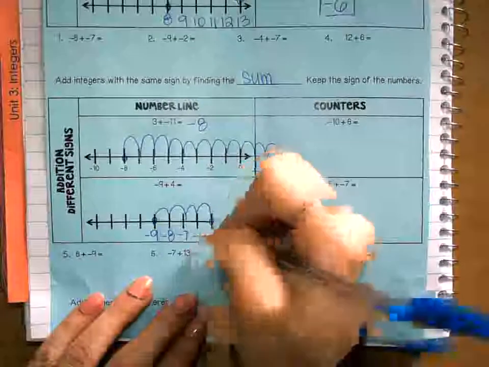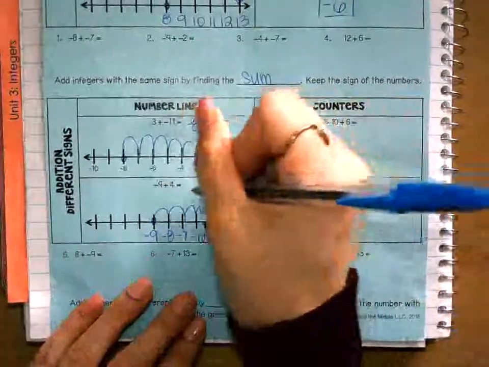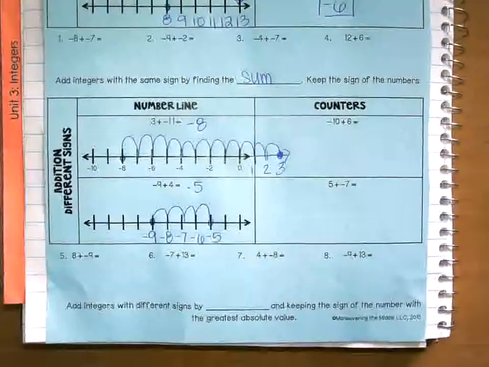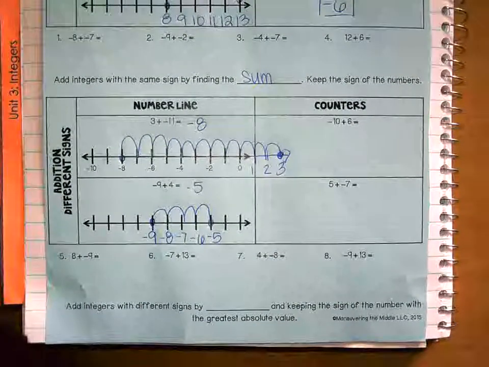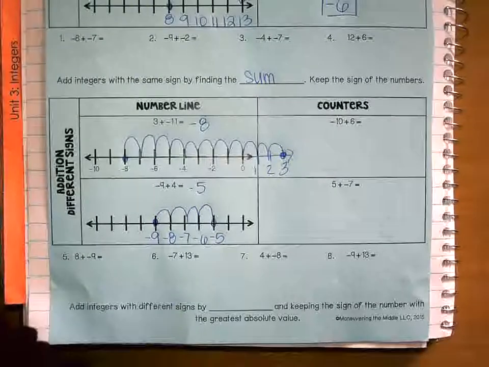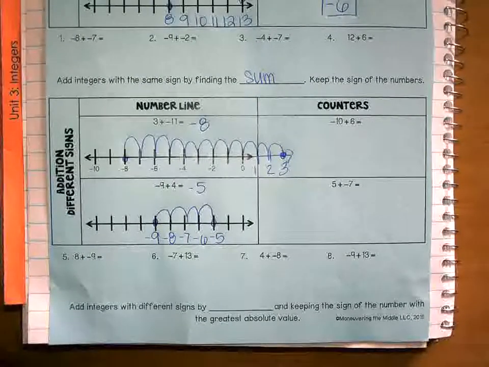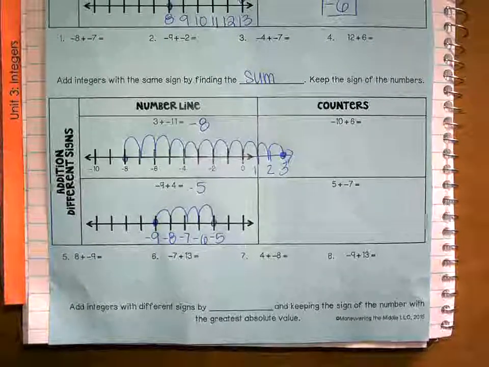What did we end on? So negative 9 plus 4 is negative 5. Think about it this way. You're $9 in debt. You pay $4, you're still $5 in debt, but you're paying off that debt.